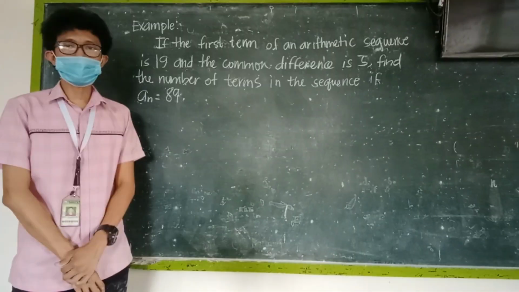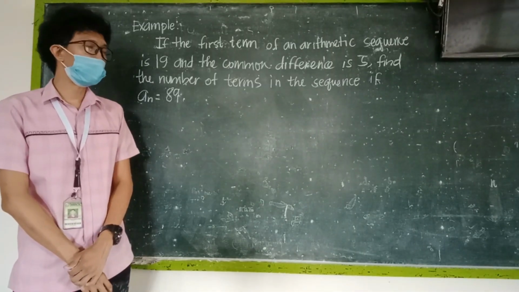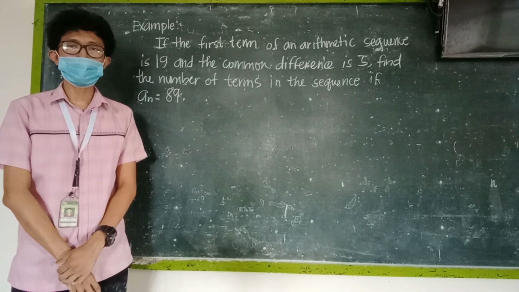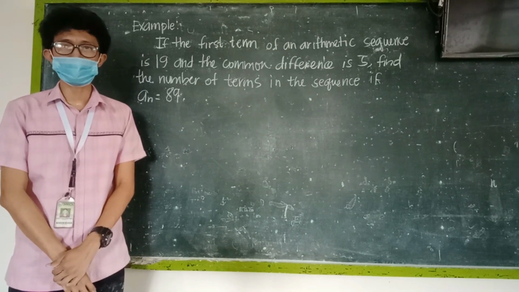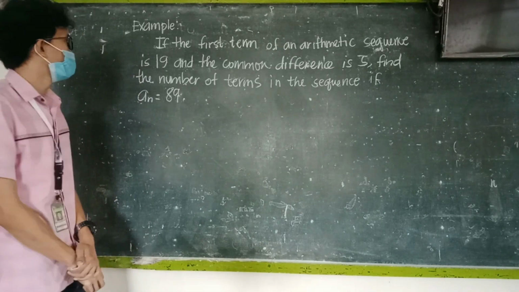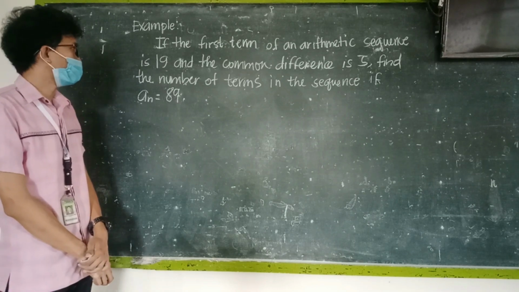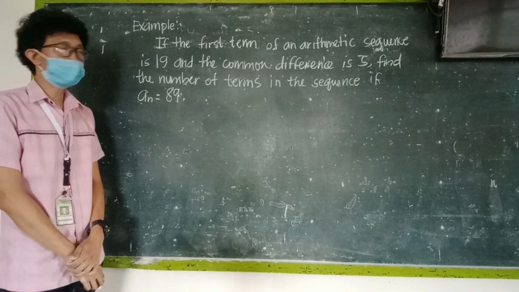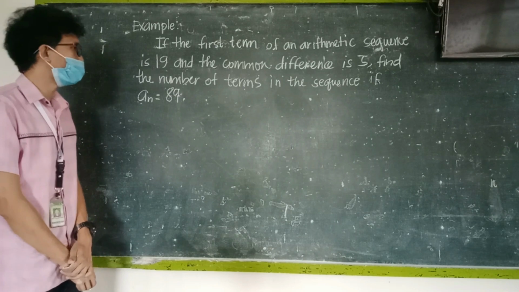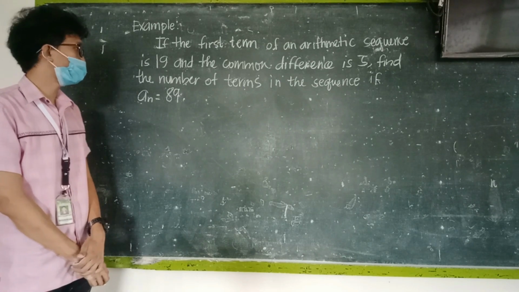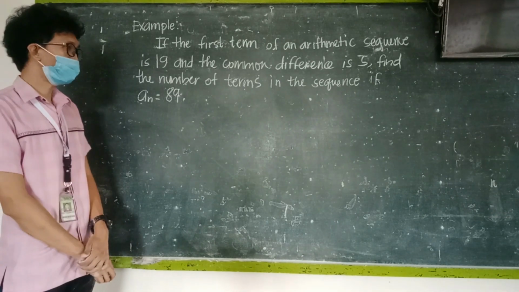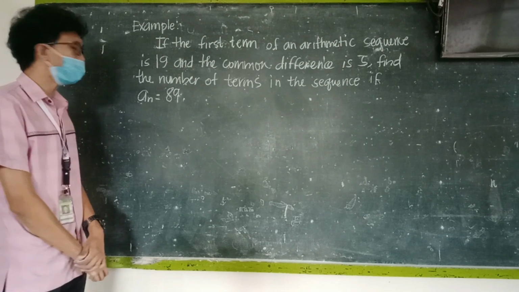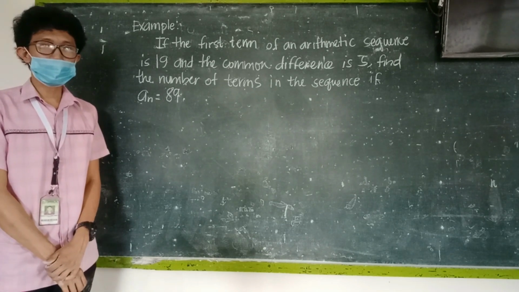So, we have here another example of the problems involving the derivation of the formulas for the arithmetic sequence. We have, second example, if the first term of the arithmetic sequence is 19 and the common difference is 5, find the number of terms in the sequence if a sub n is equal to 89.